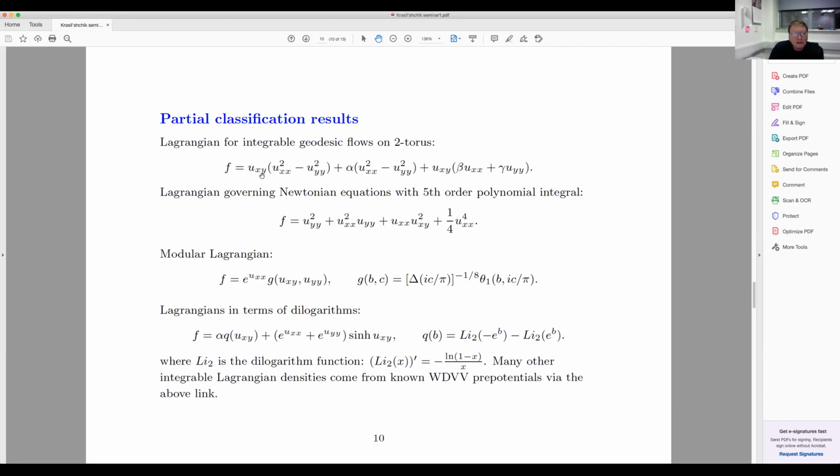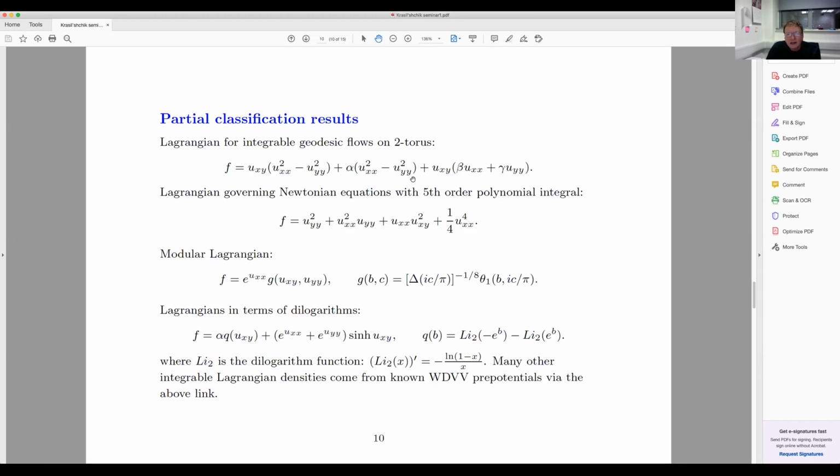For instance, this is a very simple polynomial second order Lagrangian density. So F is the Lagrangian density. Now I'm returning back to the notation Uxx, Uxy, Uyy, which I called A, B, C. So this is a cubic polynomial in A, B, C. And this particular Lagrangian appeared in the paper by, I think, Mironov and Bialy on integrable geodesic flows on a 2-torus.